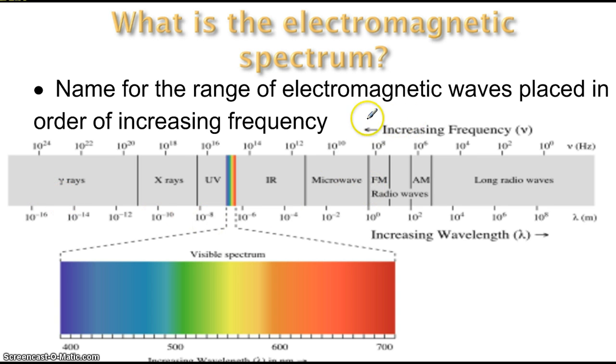Because of that, you see this relationship where you have increasing frequency and a decreasing wavelength. On the other hand, you have really long wavelength and low frequency. Okay, so that relationship is going to be very important in understanding the EM spectrum.